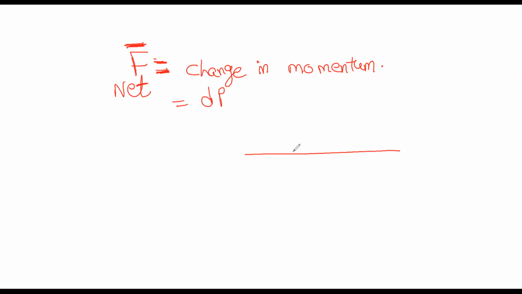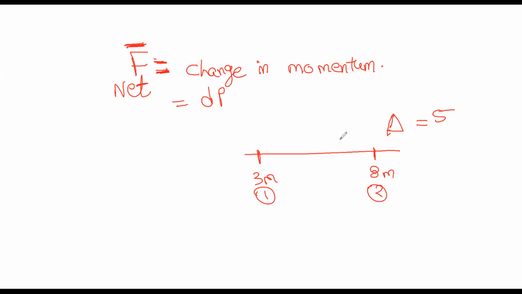We can find the difference between positions. Let's suppose this is 3 meters, this is 8 meters, position 1, position 2. Change is the difference from initial position to final position, high value minus least value. So 8 minus 3 we got as 5, right?